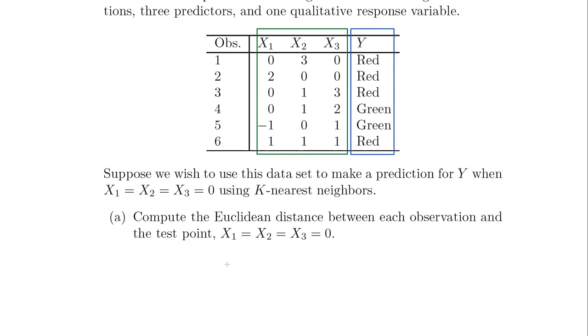Beyond this, we're going to consider a 7th data subject. It's what the book normally refers to as x naught and y naught. And these are all going to be 0, 0, 0, and 0. And we need to predict, I guess it's between green or red in this case.